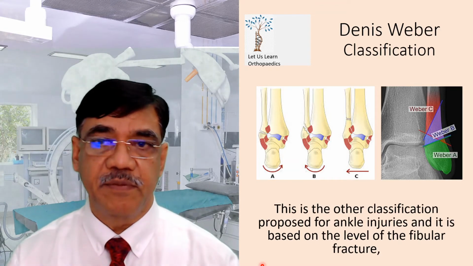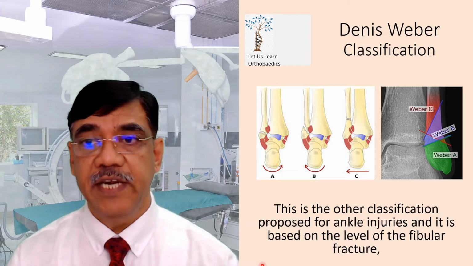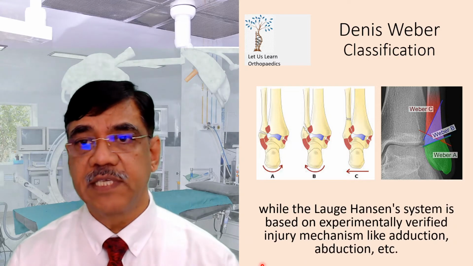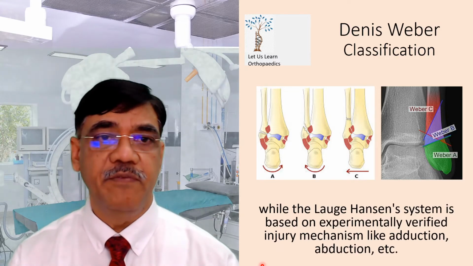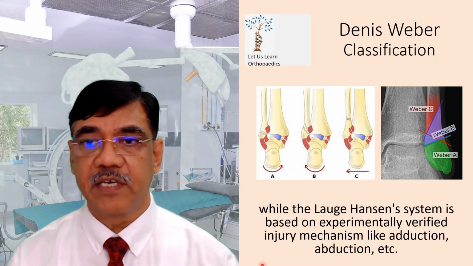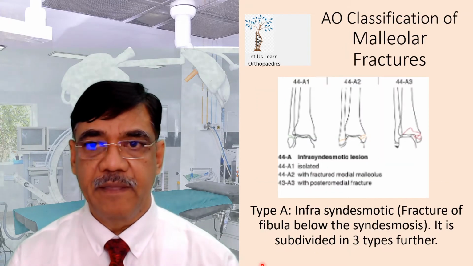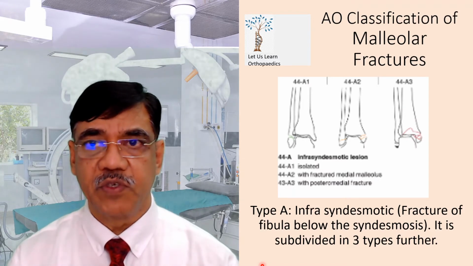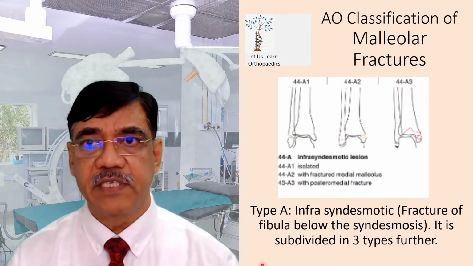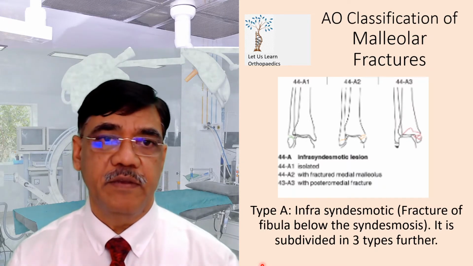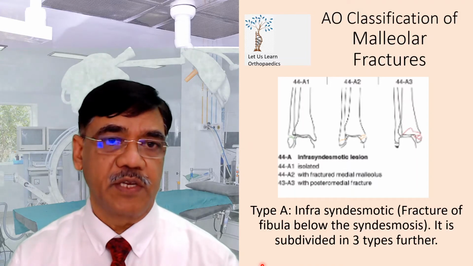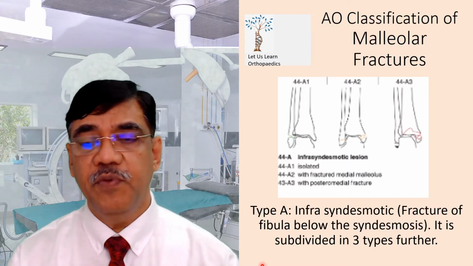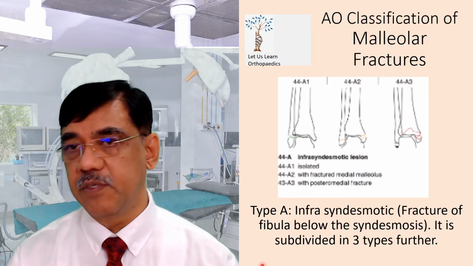This is the other classification proposed for ankle injuries, and it is based on the level of fibular fractures, while the Lauge-Hansen system is based on experimentally verified injury mechanism like adduction and abduction etc. Here, AO has accepted Weber's classification, and they have described type A, the infrasyndesmotic fracture, that is fracture of fibula occurring below the syndesmosis. It is further subdivided into three subtypes.